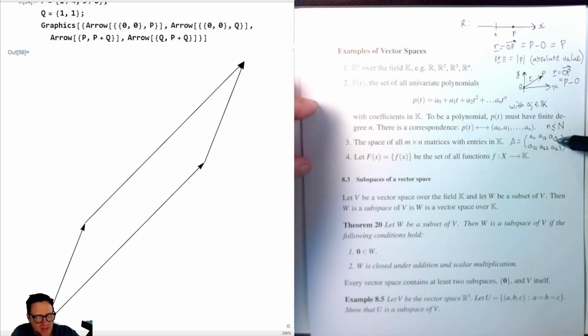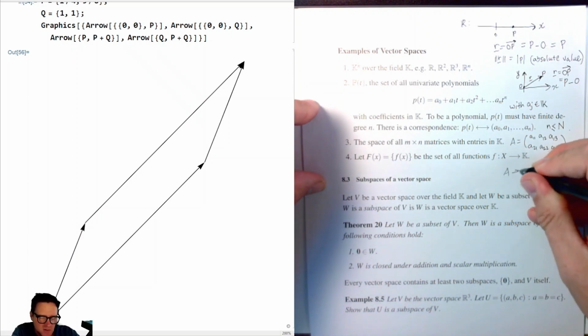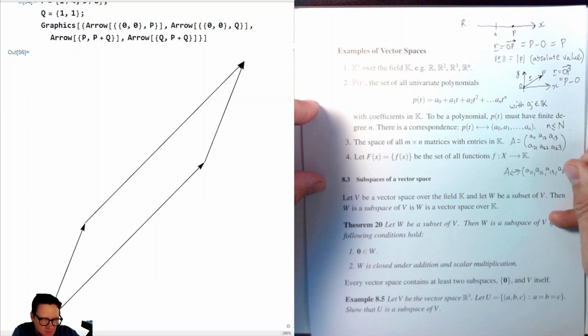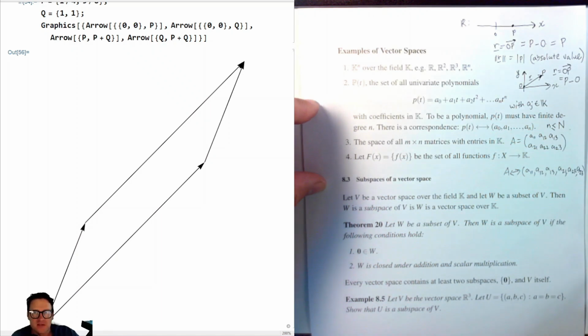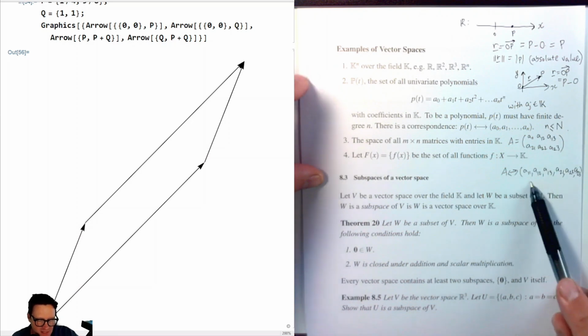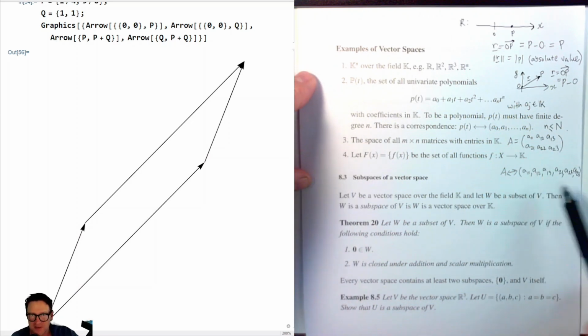So you can flatten this out and call this a 6-tuple. A corresponds to the 6-dimensional vector a11, a12, a13, a21, a22, a23 in a one-to-one correspondence. You can think of these as row vectors or column vectors if you like.